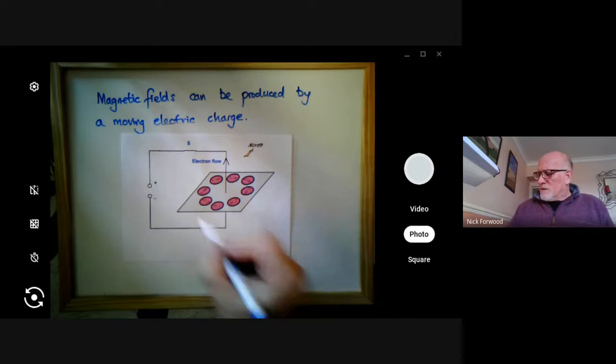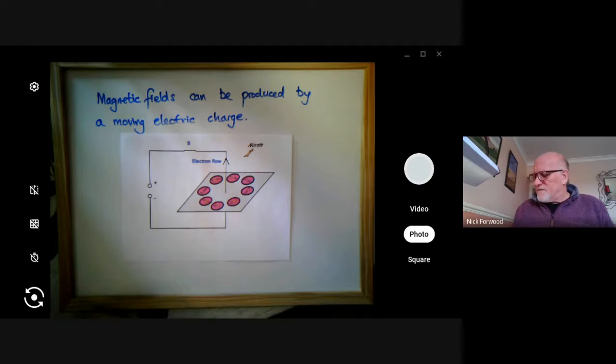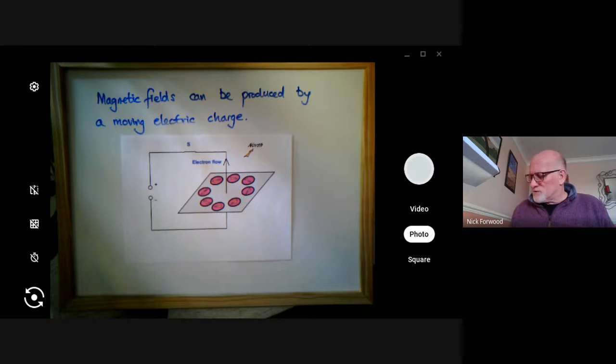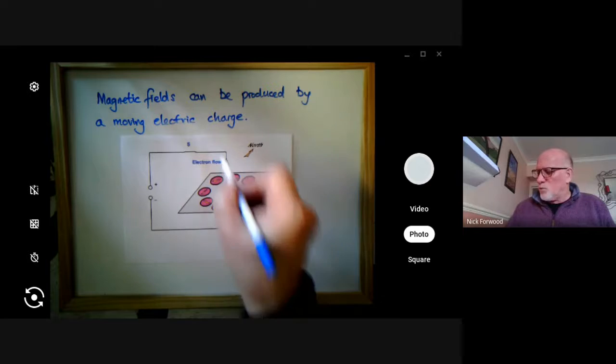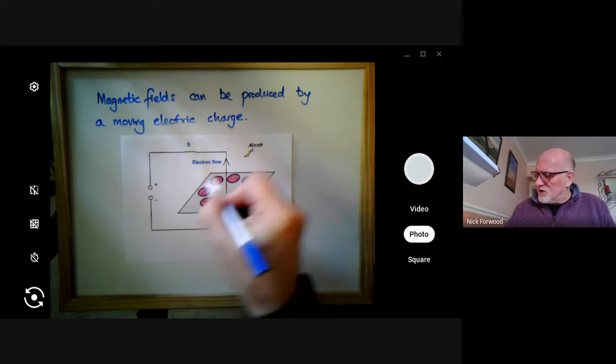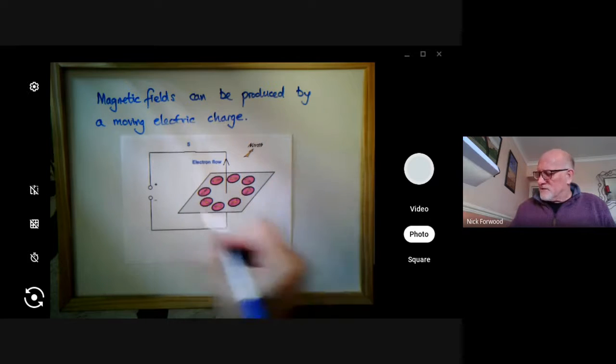So that is the magnetic field around a wire through which electric charges are moving. And what's moving? It's electrons that are moving. The magnetic field around what's called a current carrying conductor. That's a current carried in a wire, current carrying conductor, makes a circular magnetic field.